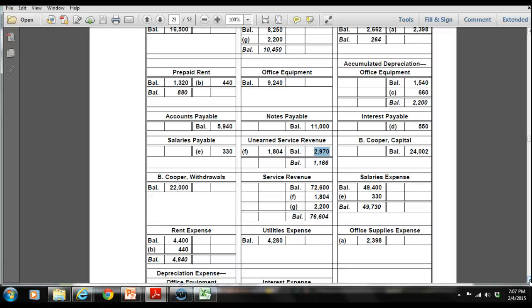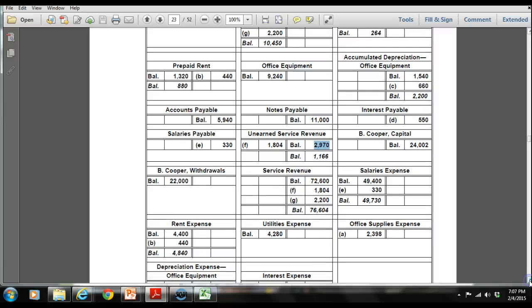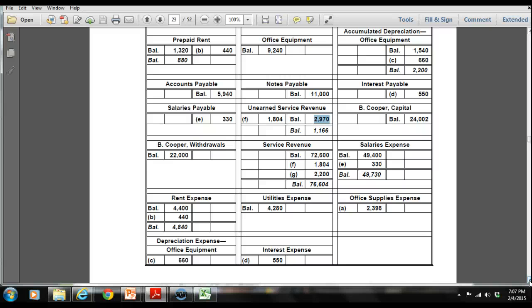Our B. Cooper, nothing's changed there. The withdrawals, nothing's changed. The service revenue, we started with a balance and we have two entries we added. And you add all that up, it should give us a new balance of $76,604. With our salaries expense, we started with a balance of $49,400 and we increased it with our adjusting entry, $330, for a new balance of $49,730.